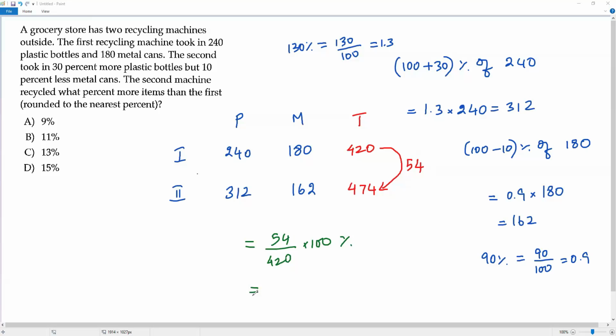It's a calculator section, so if I use the calculator, I get 12.85, and it keeps going. The question asks for the nearest percentage, so if I round this value to the nearest whole number, it will be 13. So the correct answer choice for this question is option C, 13%.